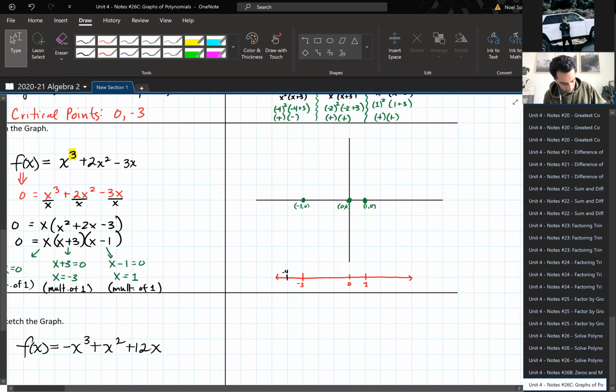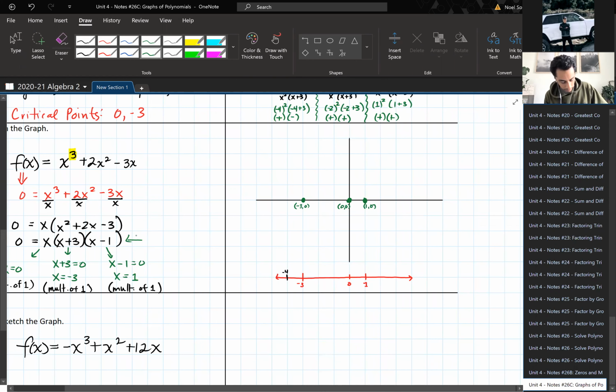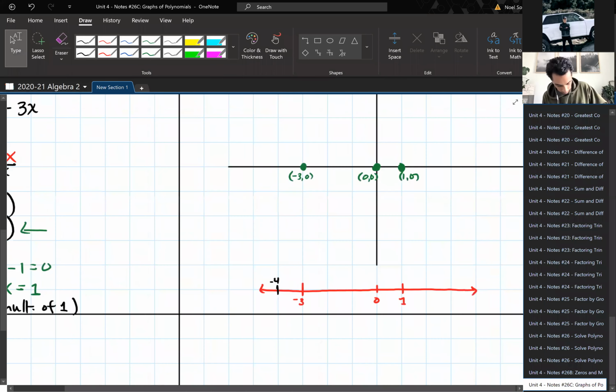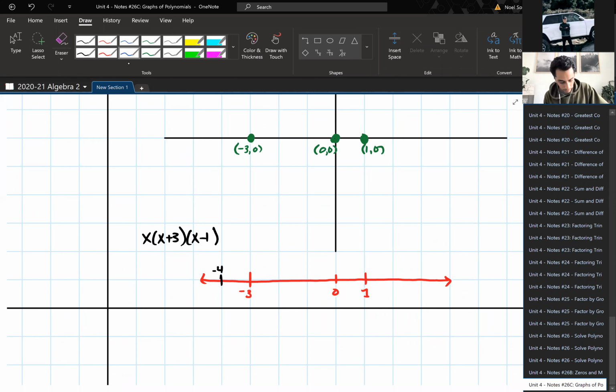And we want to use the factored version right here because it's pretty easy to determine what the signs will be if we just plug in -4. So let me bring that over. All right, let's say we take -4 and plug it in.